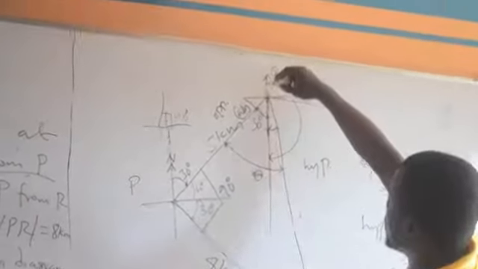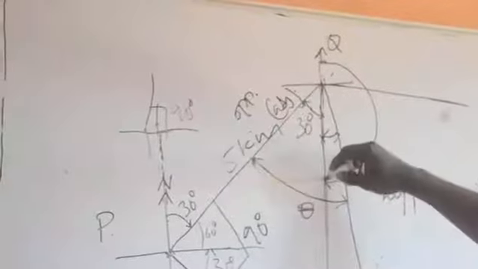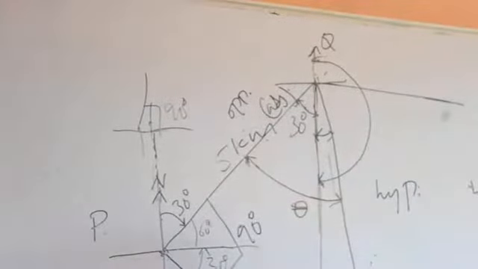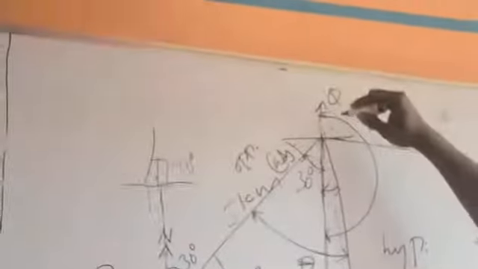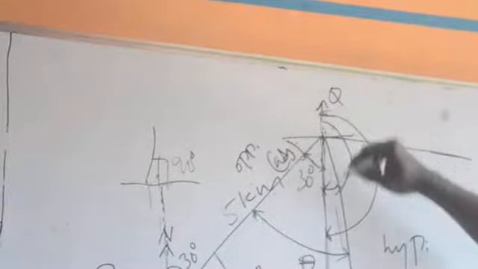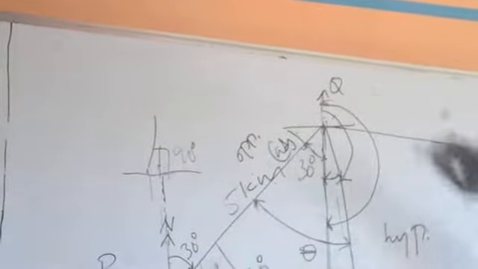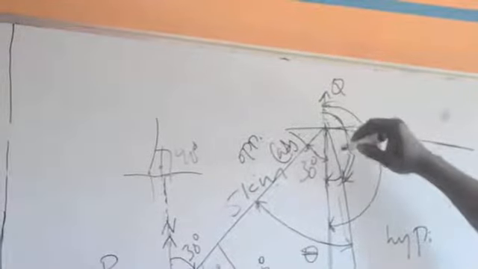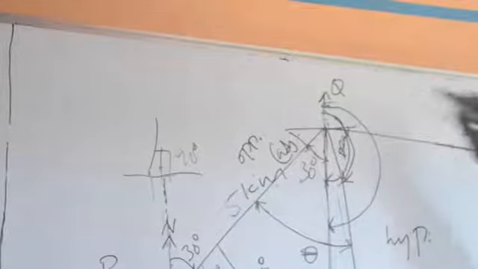We need from Q to R, this line connecting Q and R, this very bearing.